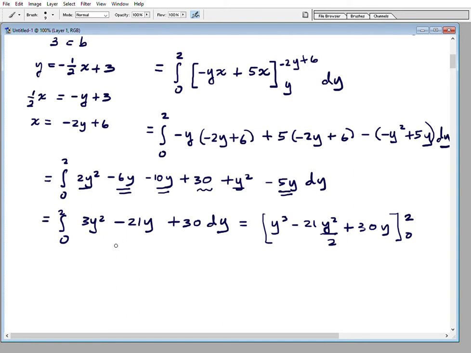Okay, so why do we have minus y squared plus 5y? Okay, here we substitute in this. We're substituting for x here and here. And now minus, we substitute for y. First we substitute this. Okay, that's this part. Minus, substitute y. So when we substitute y, we get minus y squared.